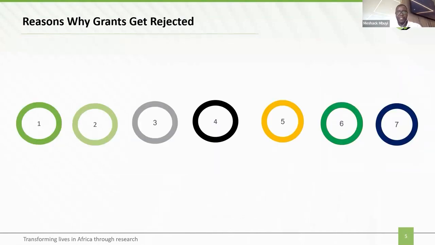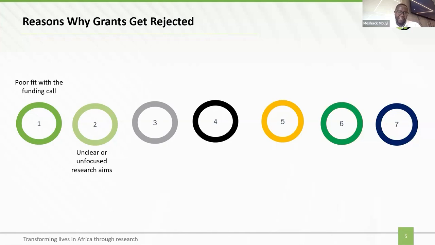I want to speak quickly about why grants can sometimes be rejected. One reason is when your application has poor fit with a funding call. This could be misalignment with regards to funders' priorities, their scope, or evaluation criteria, which eventually means that your application will get low scores.